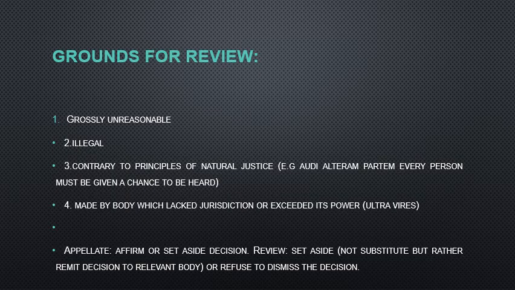So there are 4 grounds upon which to review a decision. First one, if the decision was grossly unreasonable. If the decision-making process was illegal, it was contrary to principles of natural justice, or it was made by a body which lacked jurisdiction or had no authority, right?